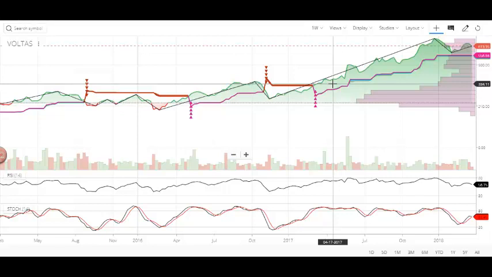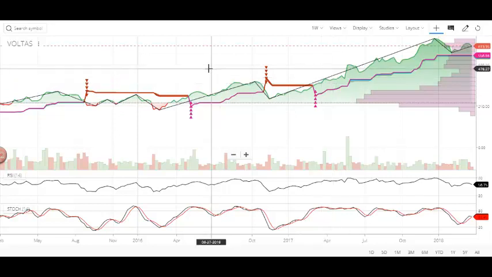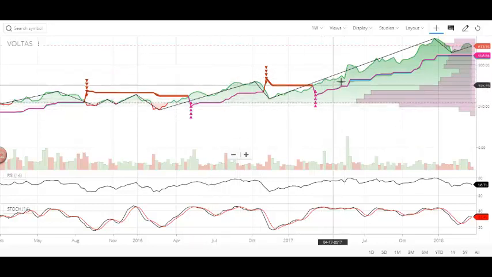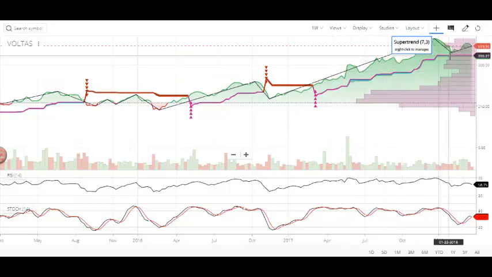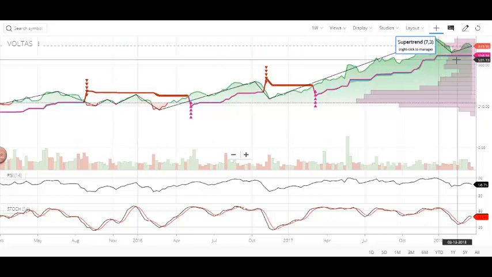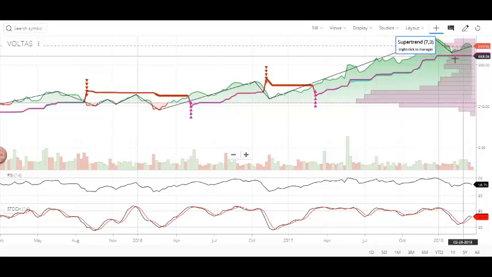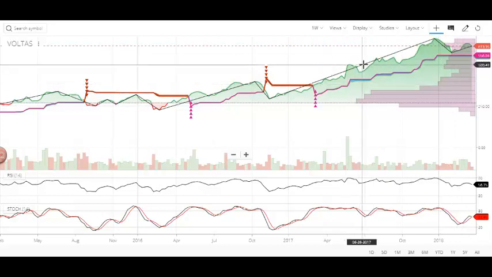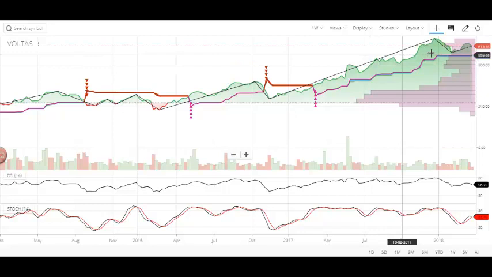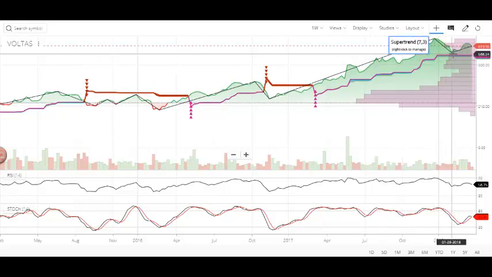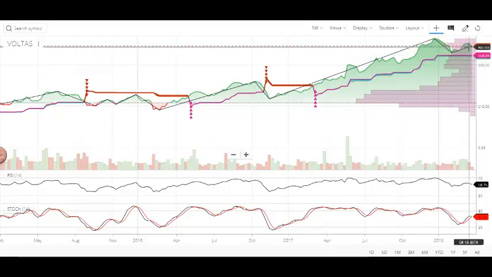So when it comes to Voltas, you can clearly see the status of the stock, where the trend of the stock is going. For example, the black line here represents the trend, and now it is very clear, even for a novice, that the trend of the stock is moving in the upward direction.